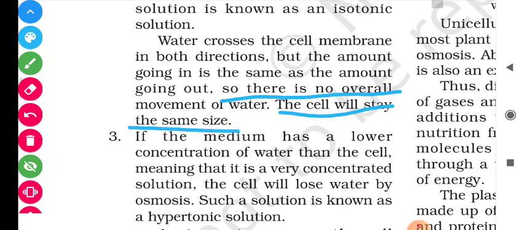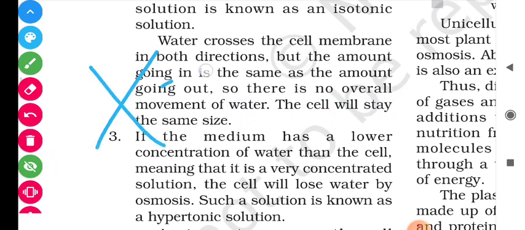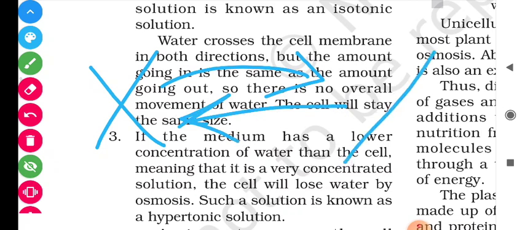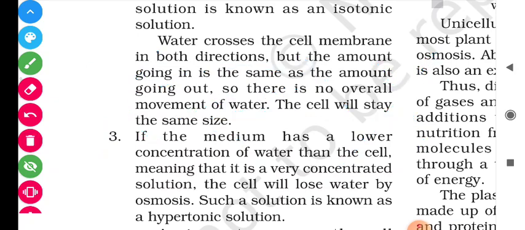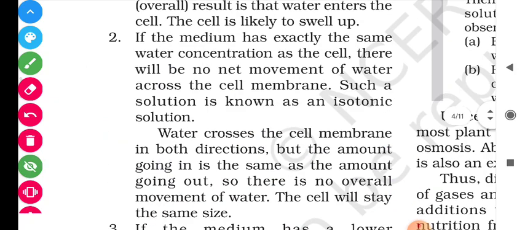So what this paragraph is trying to tell is that there is no movement of water from the cell or to the cell, so there is no gain or decrease in the size of the cell. Okay, chaliye. Please tick mark this whole paragraph. It is the definition of isotonic solution.